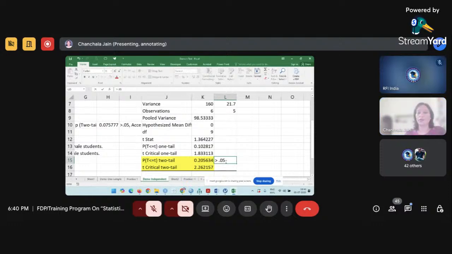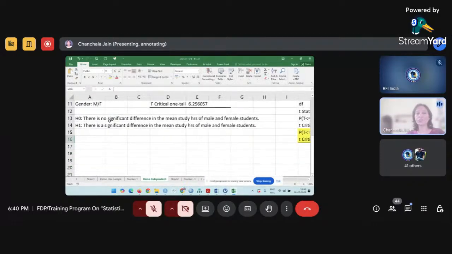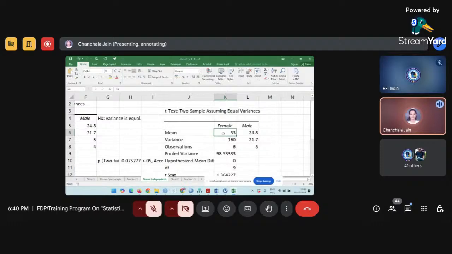If it is greater, I accept H0, the null hypothesis. So this time I'm accepting the null hypothesis of the t-test. I can say there is no significant difference in the mean study hours of male and female students, although once you look at the mean values, you can find there is a huge difference.